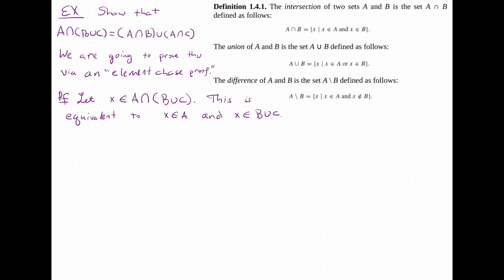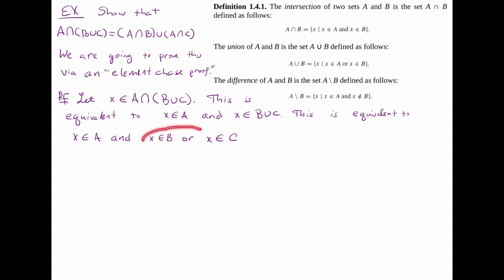And so now this also is equivalent to x is in A and x is in B or x is in C, and I'm doing something wrong, and I'm going to explain why this is wrong in a moment. I just went ahead and replaced the definition for what it means to be B union C, but I made a fatal error.